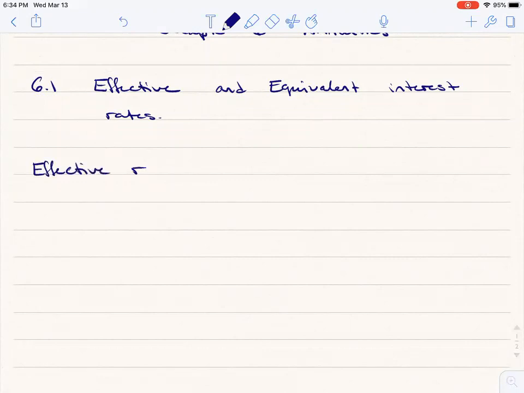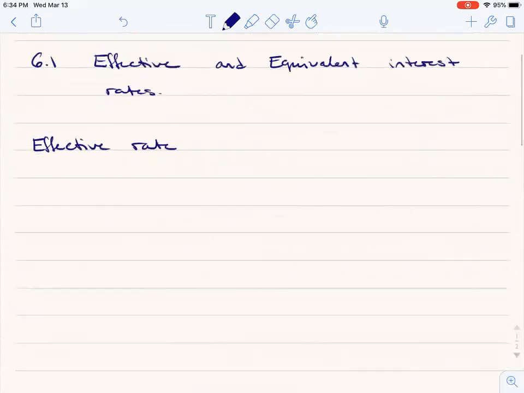So the effective rate is denoted by I, the periodic interest rate, with subscript EFF, so the effective periodic interest rate.